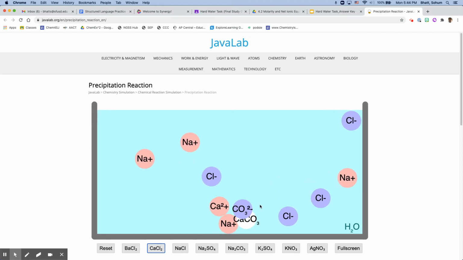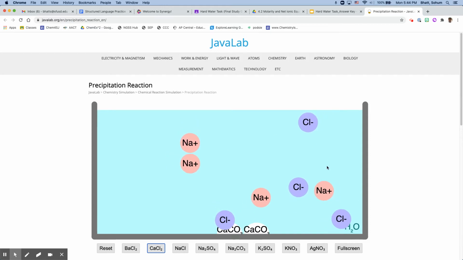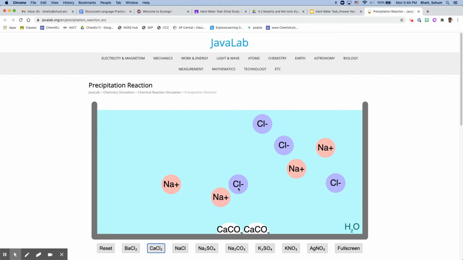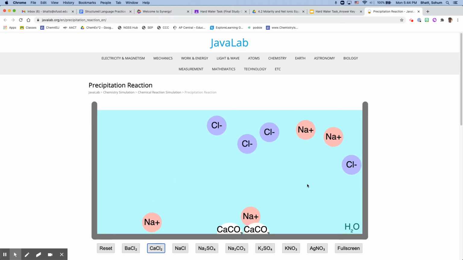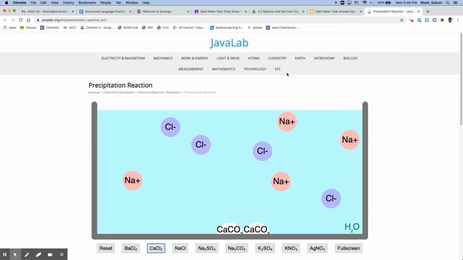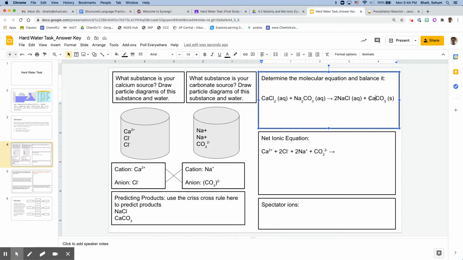And the NaCl is left floating as spectator ions. And so that's how we know the NaCl is aqueous, right? They have the option to bond to each other, but they don't because their attraction to the water is stronger than their attraction to each other. And so this is exactly what my equation represents. It represents the CaCO3, which is solid. It represents the NaCl, which are aqueous.